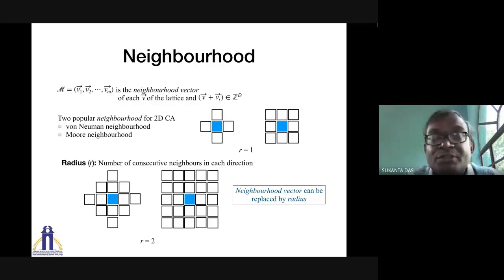You can think of it this way: if you want to reach your neighbor, to see the state of a neighbor, the distance of the nearest neighbor is 1. But what about the other neighbors? For that, you need 2 steps. So the distance is 2.